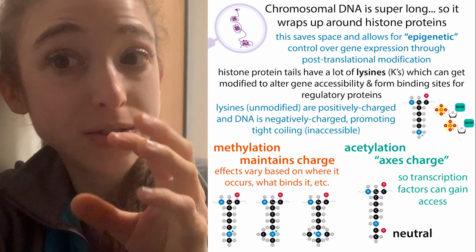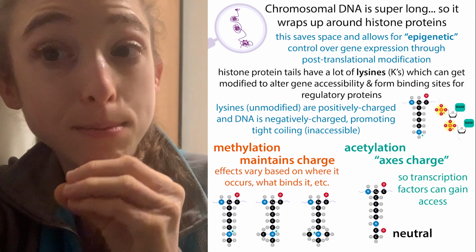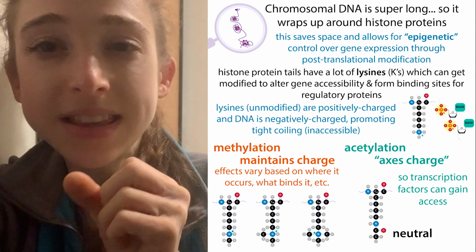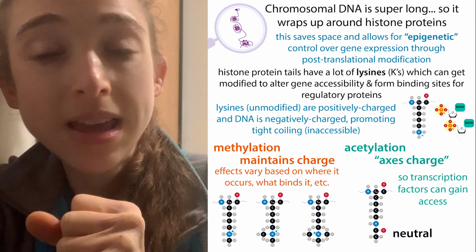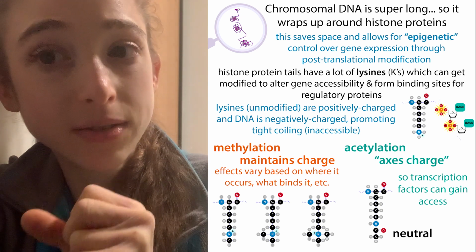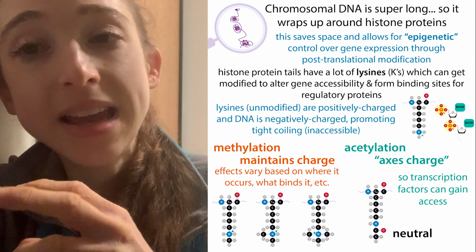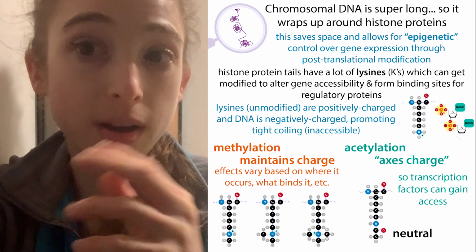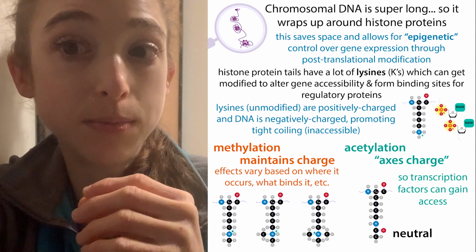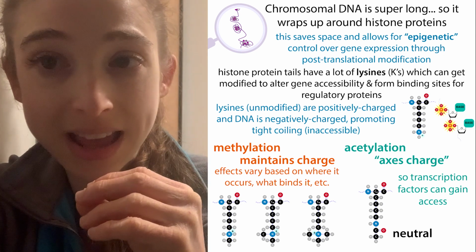So this is going to make it so that those histone proteins are more tightly bound to the DNA. The DNA is going to be tied up more tightly, less accessible. If you acetylate that lysine, which is a modification you can add to the lysine, it's going to make it more open because the lysine is not going to be charged anymore, and so it's not going to be as tightly attracted to the DNA.